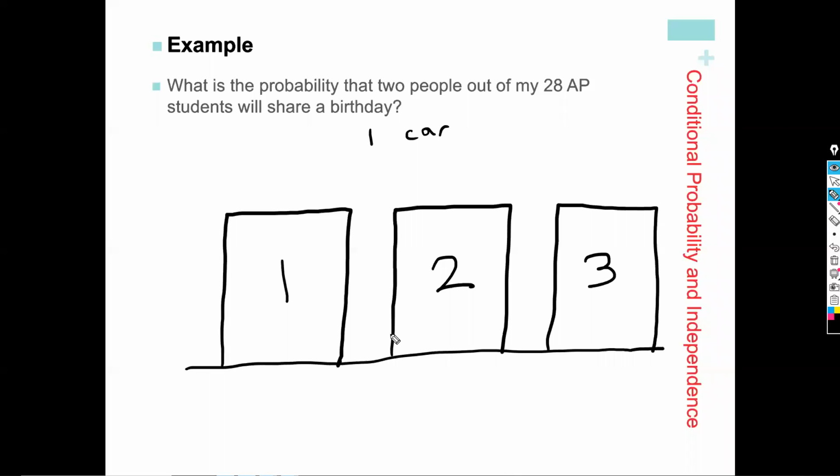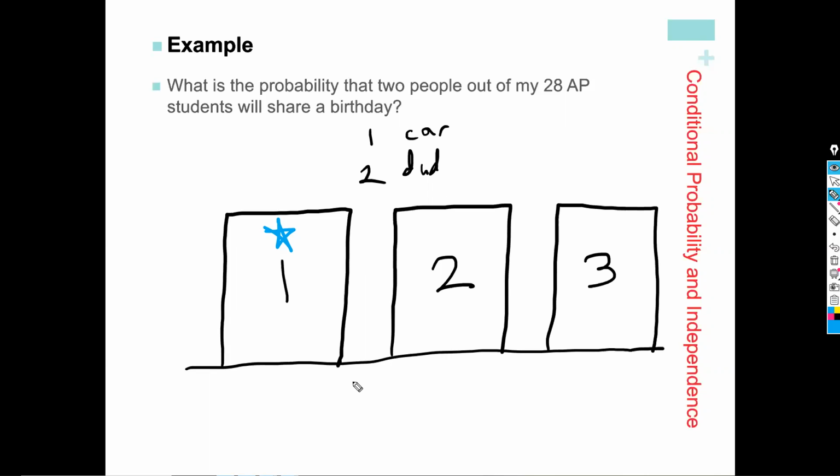So you have the chance to win a brand new car. And then the other two doors have dud prizes, things that you aren't going to want. And so they start by asking you to pick a door. So let's just say, for the sake, we pick door number 1.